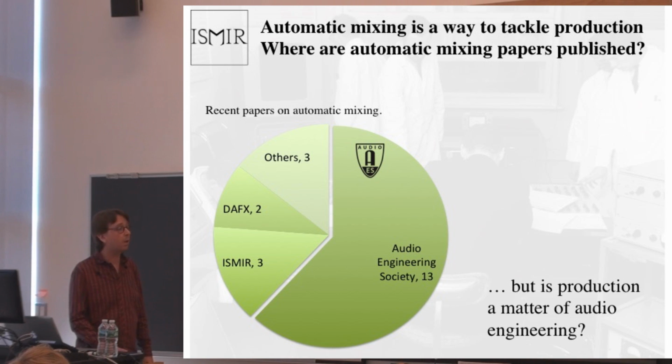Automatic mixing papers are de facto audio production papers, and they are mostly published in the AES journal or conferences. It's naturally the historical inheritance of having the singer on the left and the guys in white blouses doing sound engineering on the right. But this might evolve.